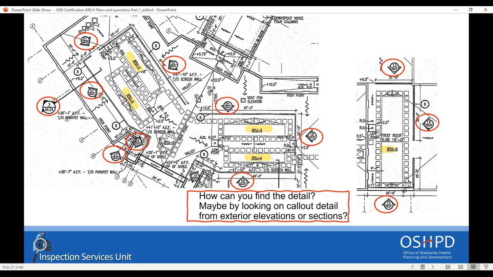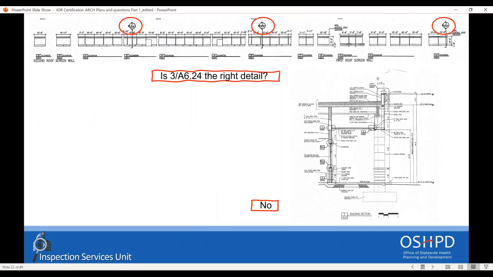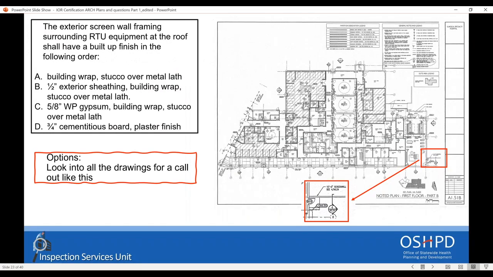Or maybe you need to look into the exterior elevations. By looking at the detail, section 3A 6.24, you cannot find the actual answer. So where you don't find the answer, just keep going, don't give up. We understand that there is the pressure of the exam, but just don't give up. You know that the answer must be there somewhere.